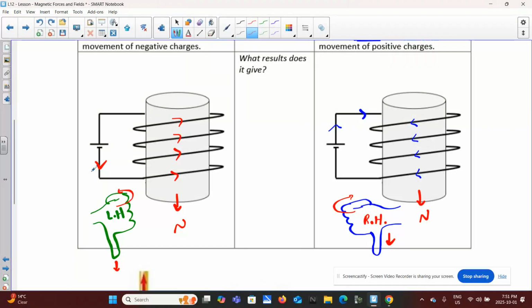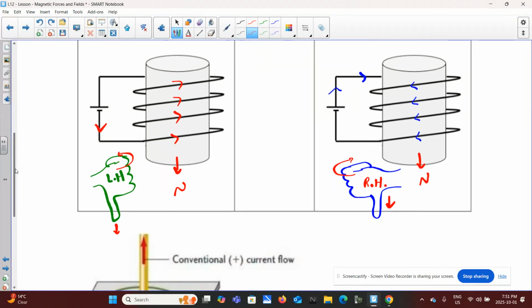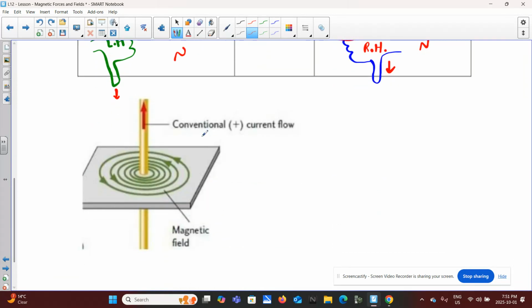You have to be using left-hand rule. This is the one area where I'm going to strongly suggest that you do not use the internet, okay? Now again, right-hand rule gives this result, but if I say electron flow moving downwards, which is correct, and I take my left hand, I get the same circular magnetic field. Just as a side note, if I were to put a compass here, it would line up in that direction, and a compass here would line up in that direction, and a compass here, and here as well.